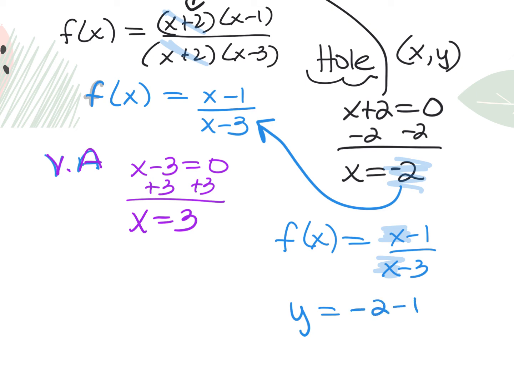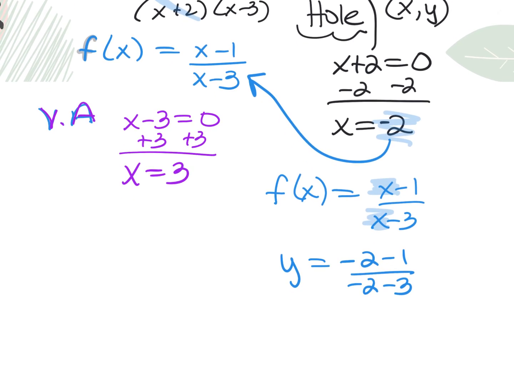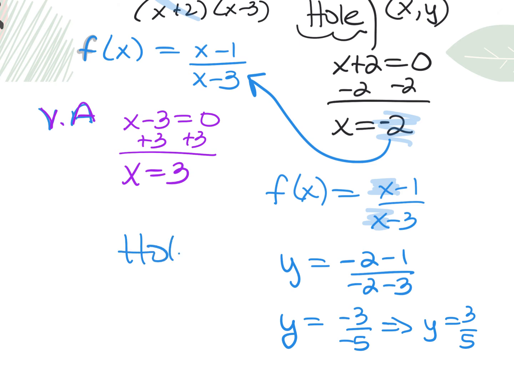So negative 2 minus 1 over negative 2 minus 3 gives me y equals negative 3 over negative 5. Negative divided by a negative, and my y value is positive 3/5. So my hole is located at the ordered pair negative 2, positive 3/5.